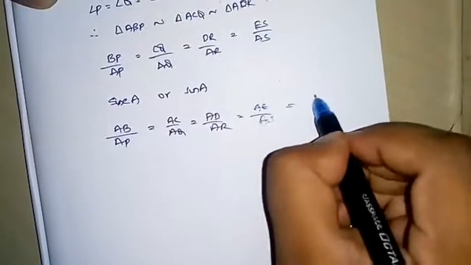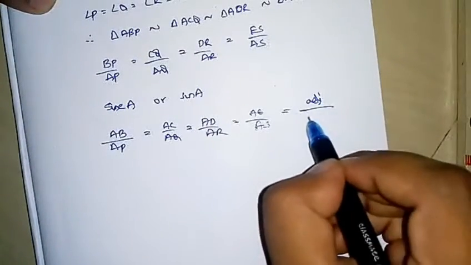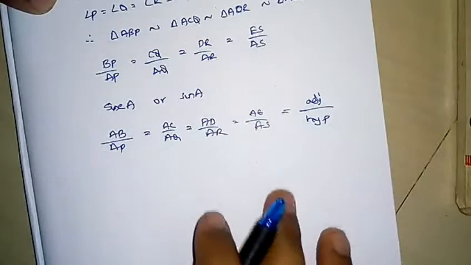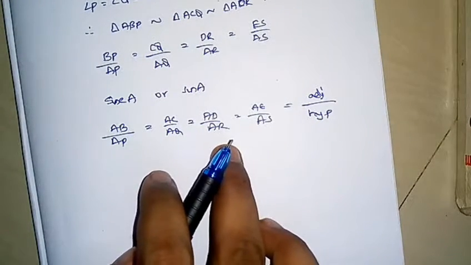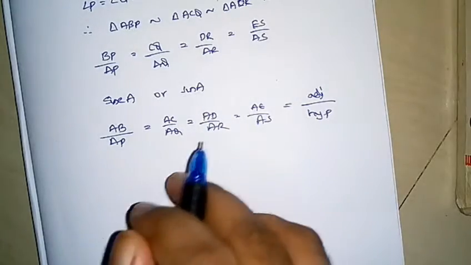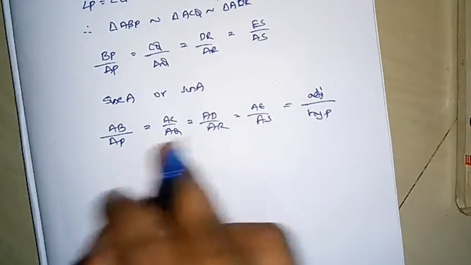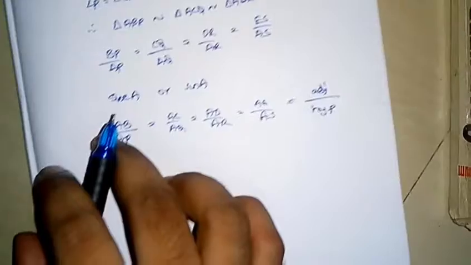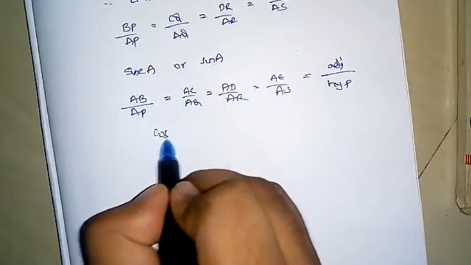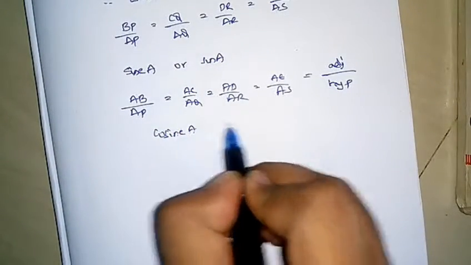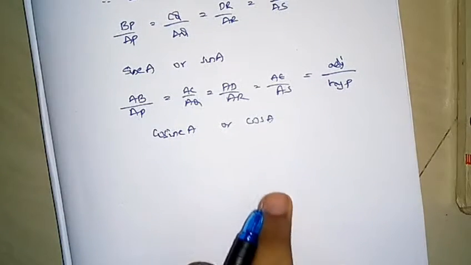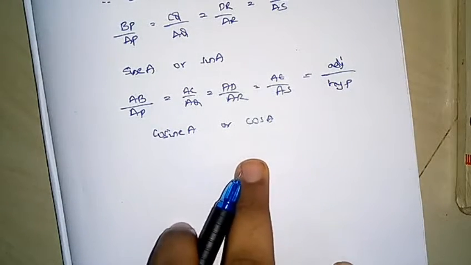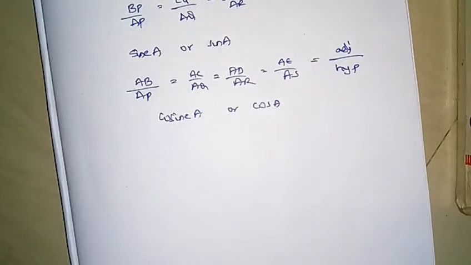This is equal to adjacent side by hypotenuse. This ratio is also constant. In the previous table we got it as 3 by 5. So these are also constant in these triangles. This ratio is defined as cosine A, or simply cos A.